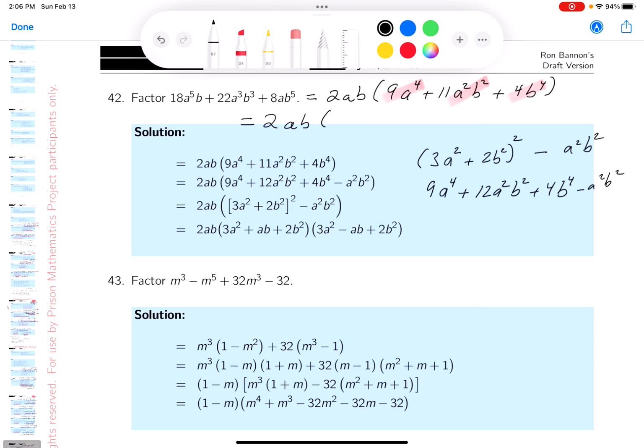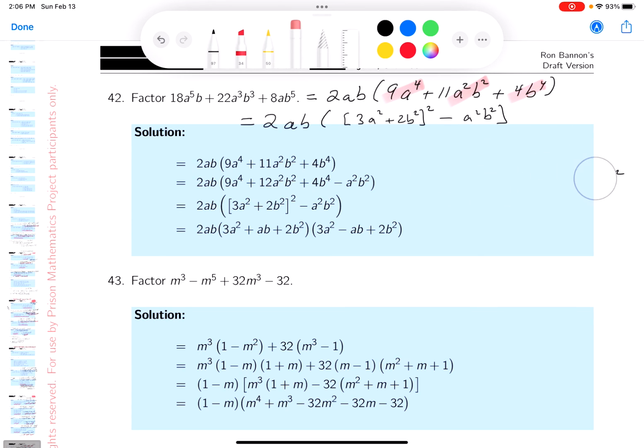All right, let me write that down for you, and then we'll go to the next step. So he sees this as being 3A squared, and I know some people are saying this is tricky, minus A squared B squared. All right, let me get my eraser out. We've talked about that. And you might say that's really tricky. Maybe it is. Now what does he see?